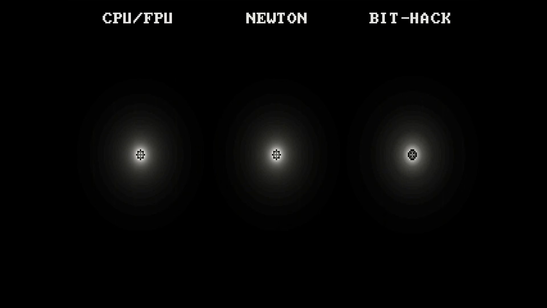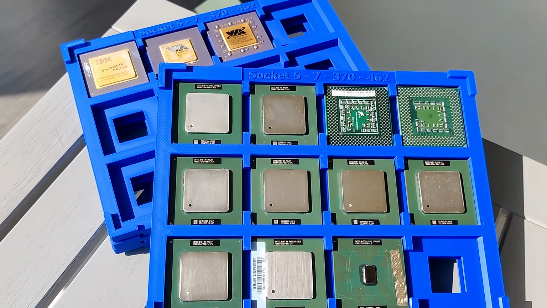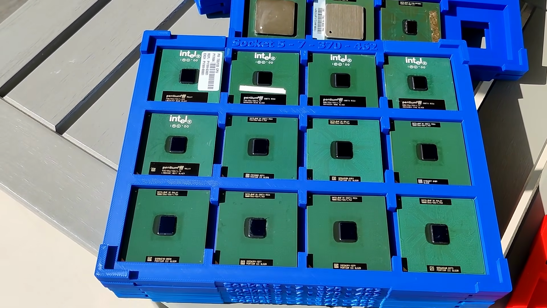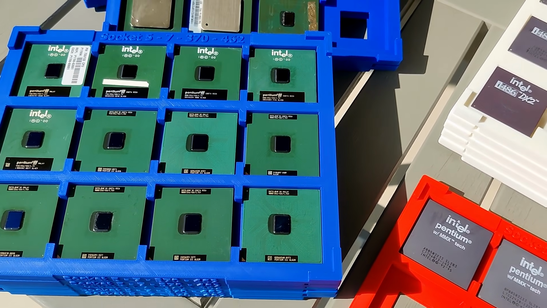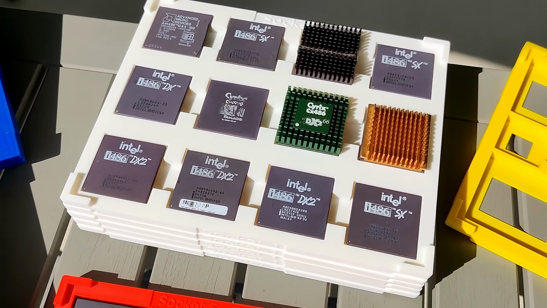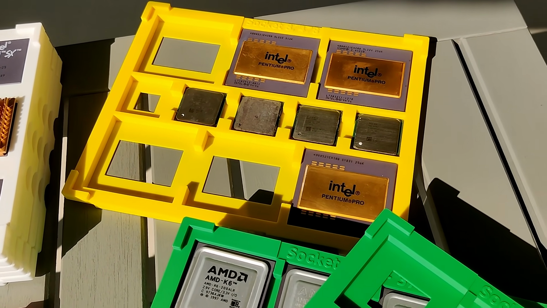Because this is already a very long video, I want to stop it here. But I want to know from you, which CPUs do you want to see? I have a few interesting ones that I want to try. For instance, we have Pentium MMX. We have K6 CPUs, K6-2 and K6-3. But then also we have the slot 1 Pentium 2. We have the Pentium 3.